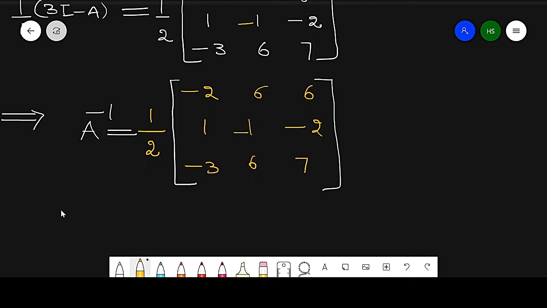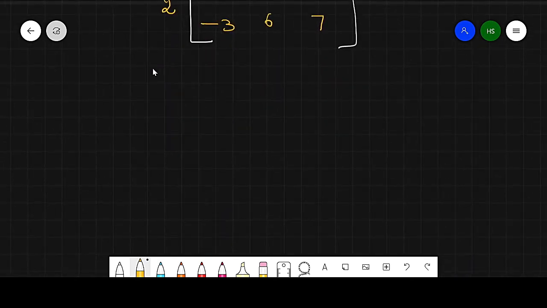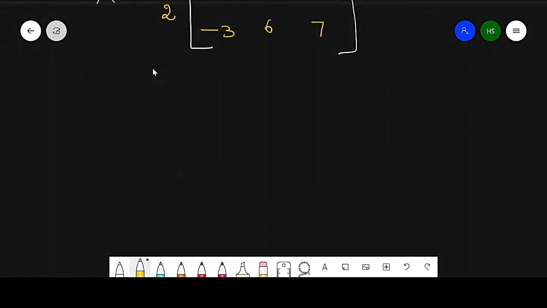Remember that as A satisfies the characteristic equation, in a similar way A satisfies the minimal polynomial.